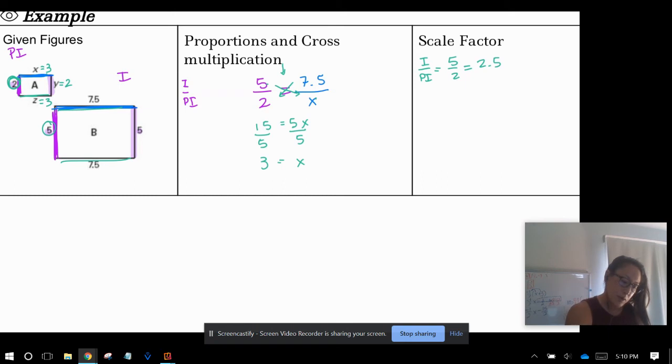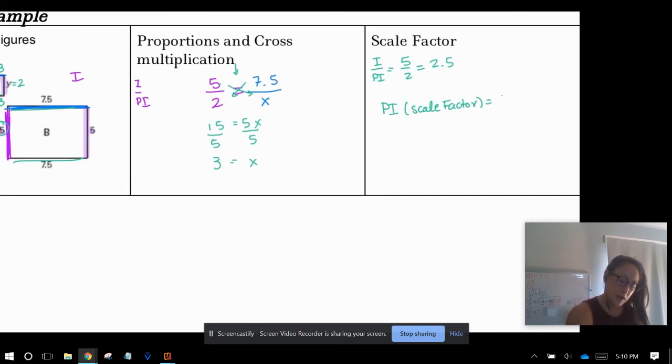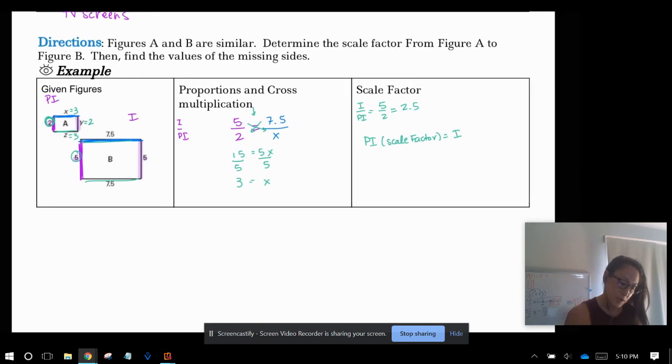What we do is we take the length of the image over the pre-image. So what I'm going to do is take the pre-image length times the scale factor to give me the image length. So we always do this.